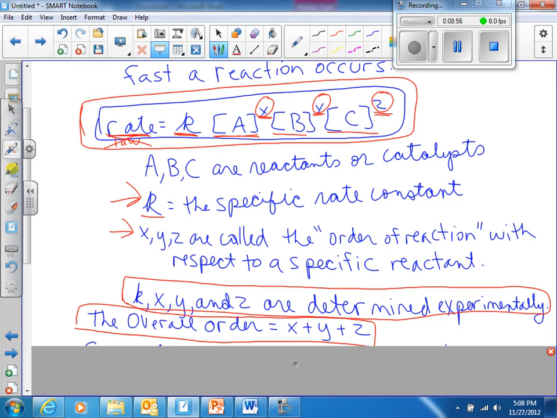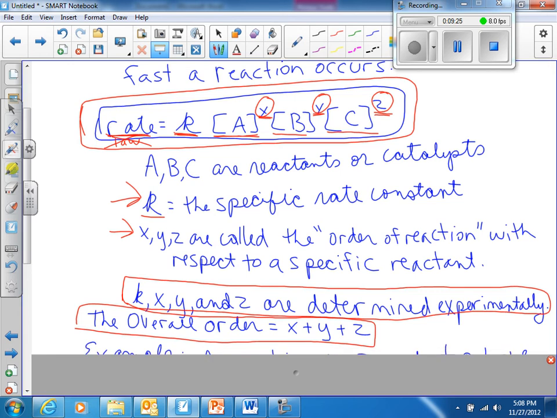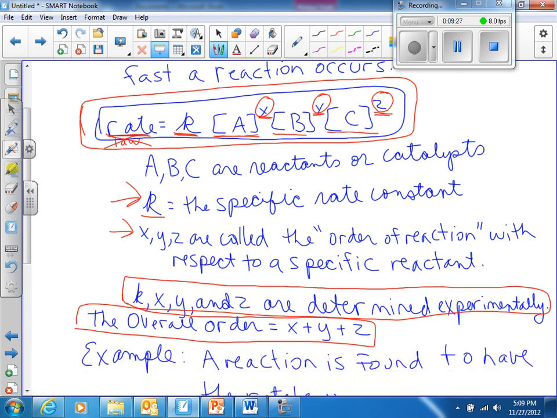We're really getting ahead of ourselves right now, but we have mechanisms for reactions, and in these mechanisms we have activated complexes, and the order represents what chemicals are present in that activated complex that's going to create our final products and allow the reaction to proceed forward. Again, don't worry about that for now. That comes up later, but for those of you who like to have some better understanding and want to know what the order is, there you go.